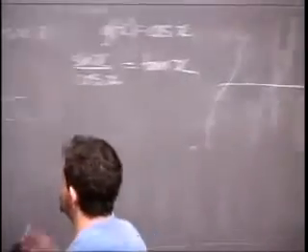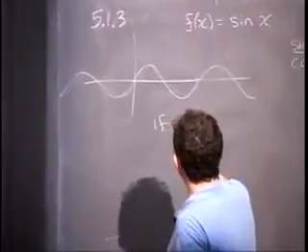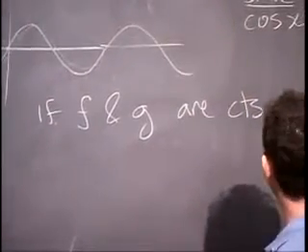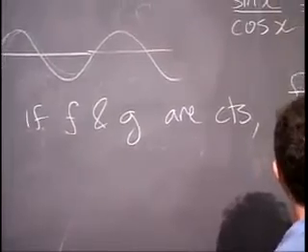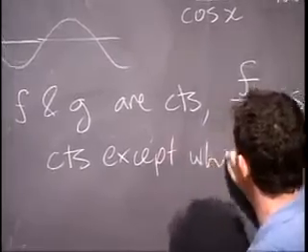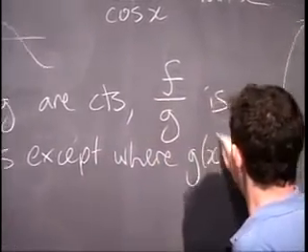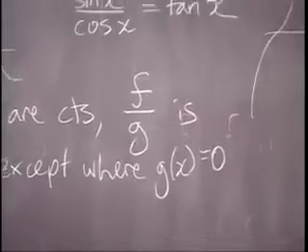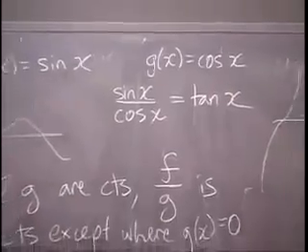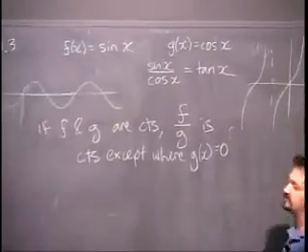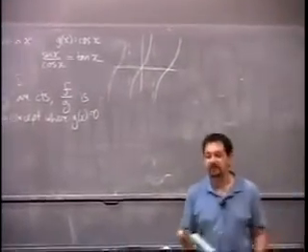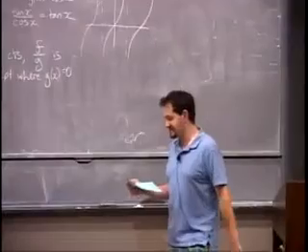Okay, so basically then, what I'm trying to say is, if f and g are continuous, then f over g is continuous except where g of x equals 0. So here the vertical asymptotes screw you up, and that's exactly when cosine on the denominator is 0. Okay, and I already mentioned that f times g is continuous, and f plus g and f minus g. I'm not writing them down, but they're in the book, and there should be. You could also write them down from what I'm saying.